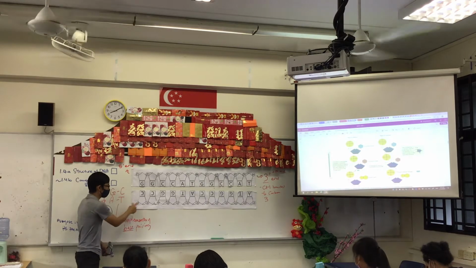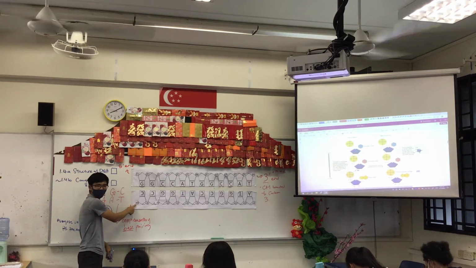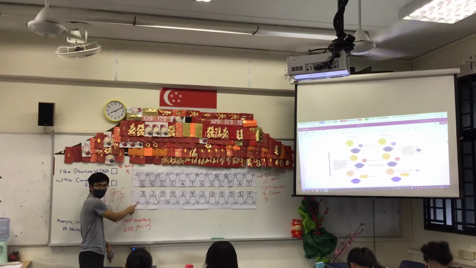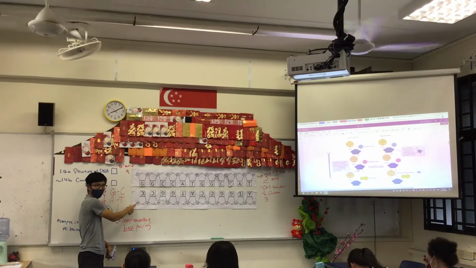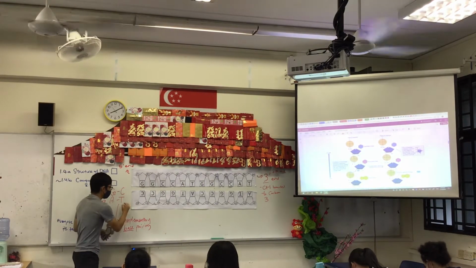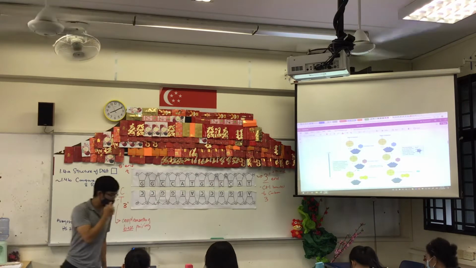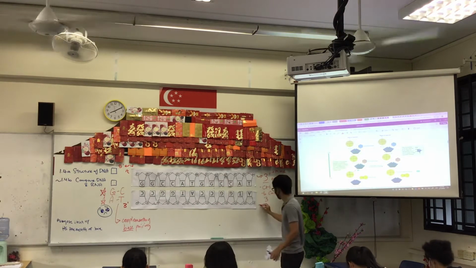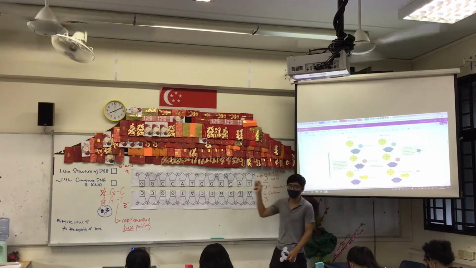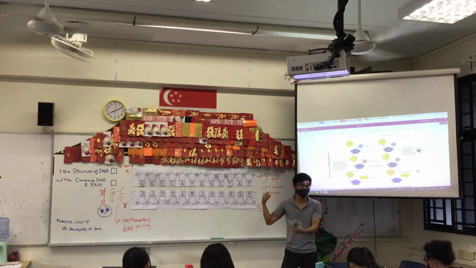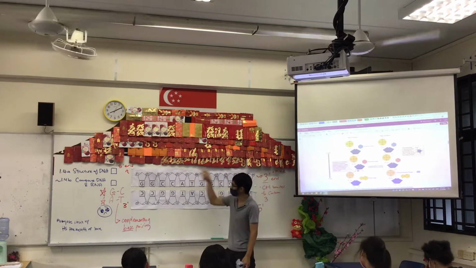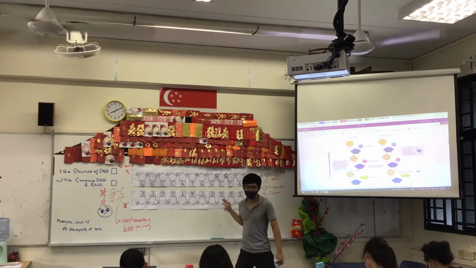Now, bottom. This end is called the what end? The bottom DNA strand: 3' or 5'? 3' end. And the other side? 5' end. Do you notice that the strands run in opposite directions to each other? One goes from 5' to 3', one goes from 3' to 5'.